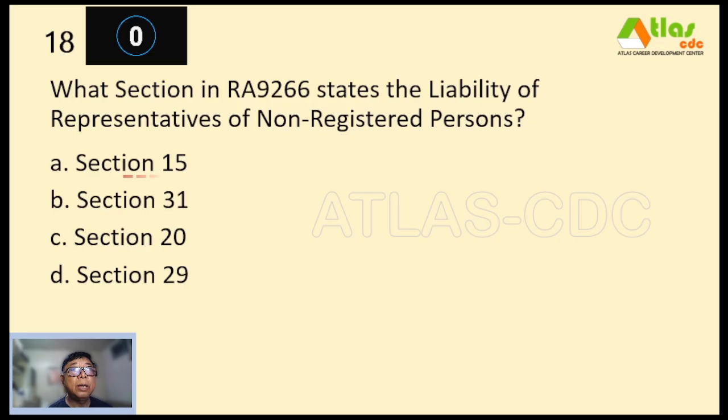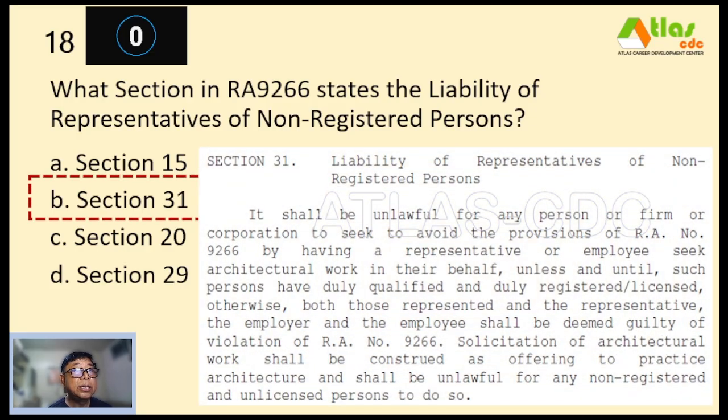And our correct answer is letter B. Section 31 is the liability of representatives of non-registered persons, wherein it shall be unlawful for any person or firm or corporation to seek to avoid the provisions of RA 9266 by having a representative or employee seek architectural work in their behalf.